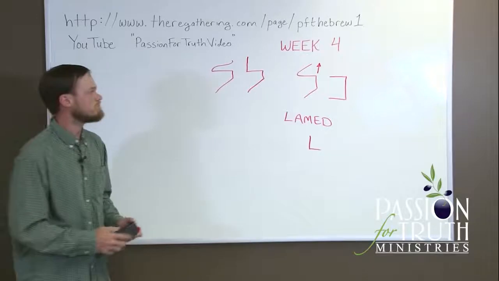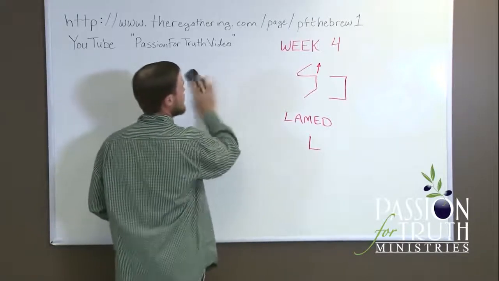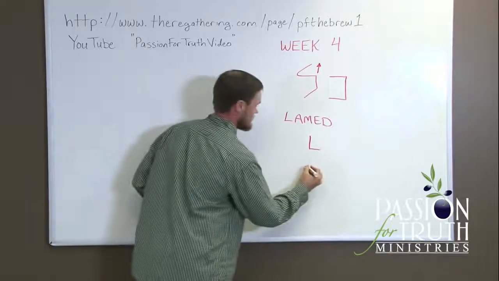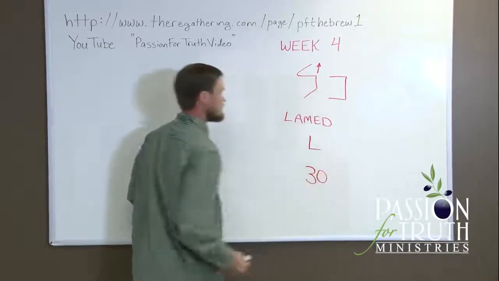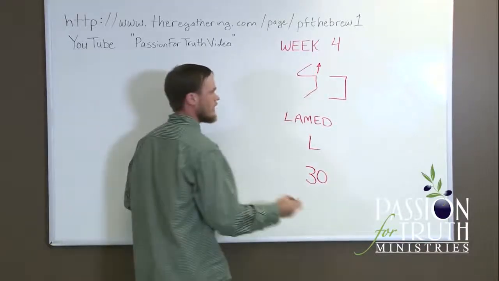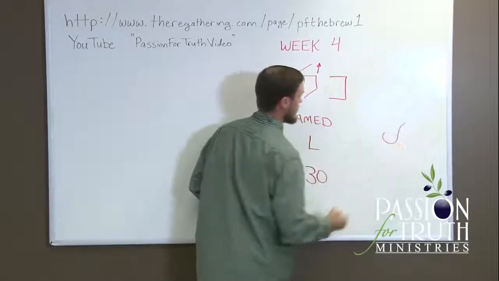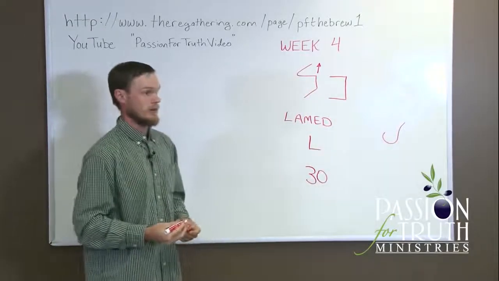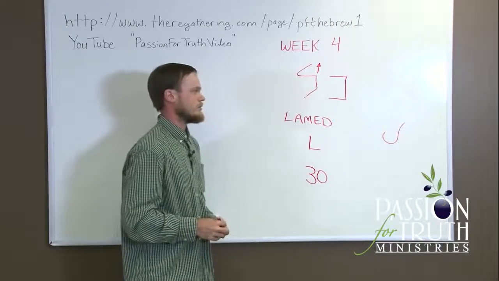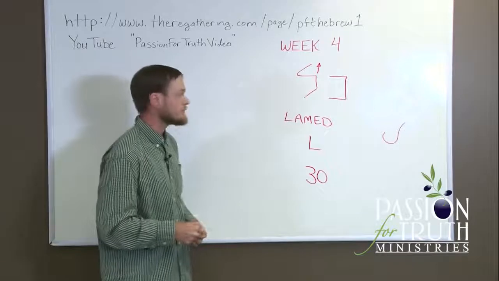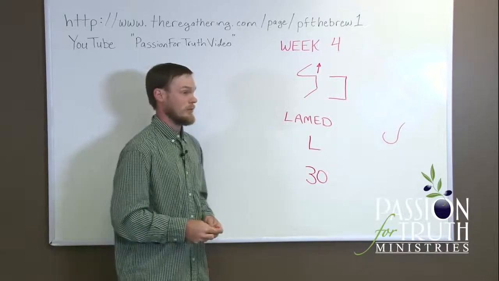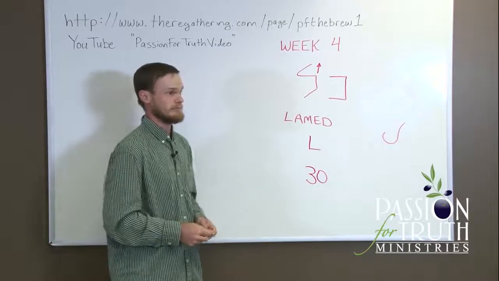Okay. Numerical value of Lamed is 30. And in Paleo-Hebrew, the Lamed looks something like this, although you'll see it flipped around in all kinds of different formations. What it represents is a shepherd's crook, shepherd's staff. And the Hebrew verb lamad means to learn or to teach.